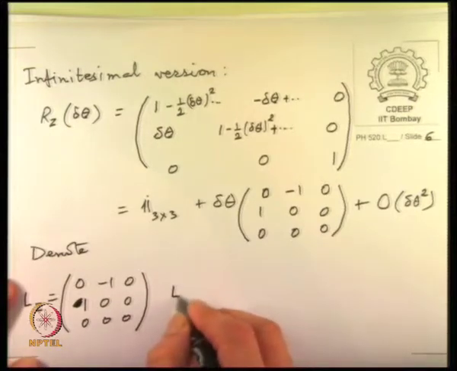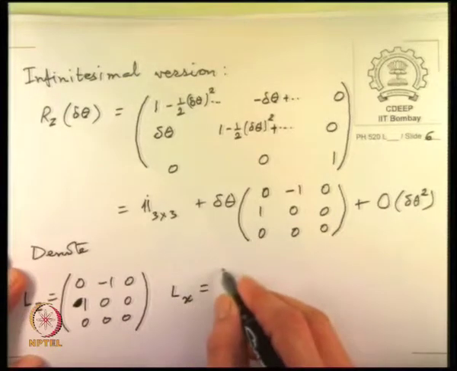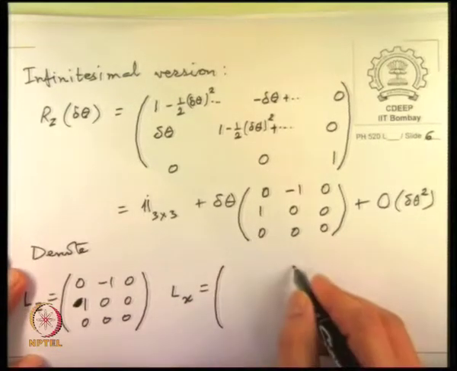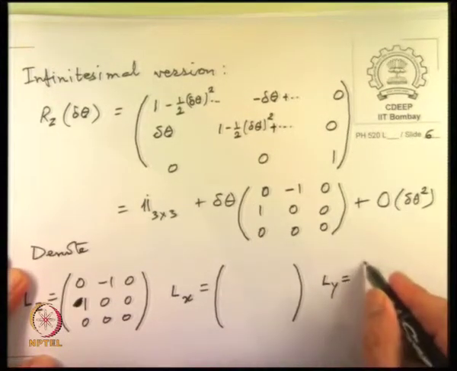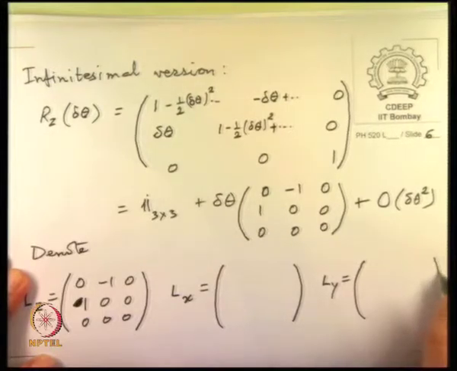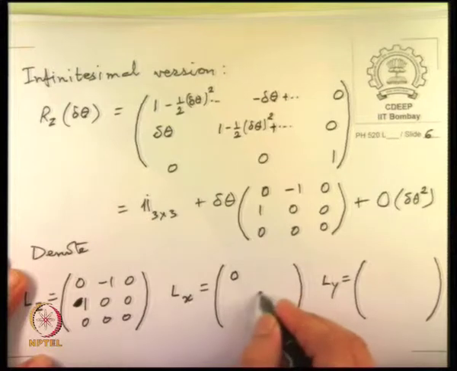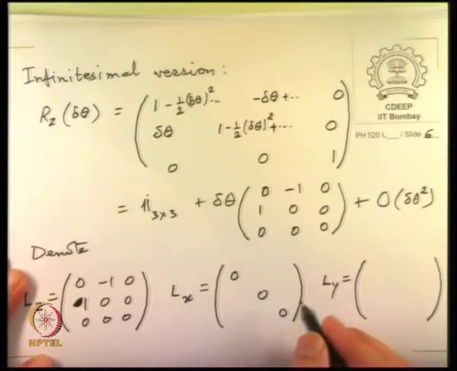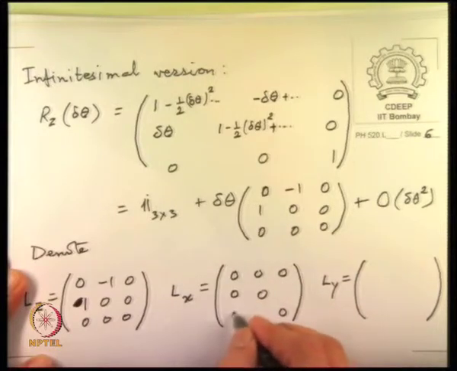And we can also write out Lx and Ly. So, you can try to write it in your book. It is the x rotation, then all this will be 0.